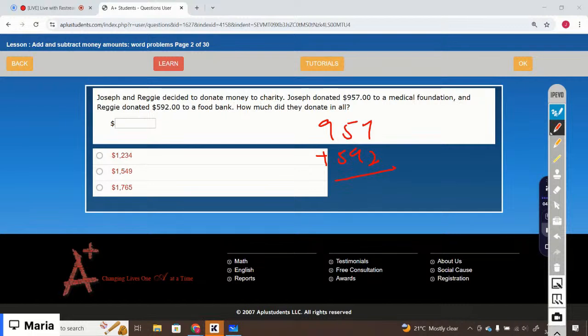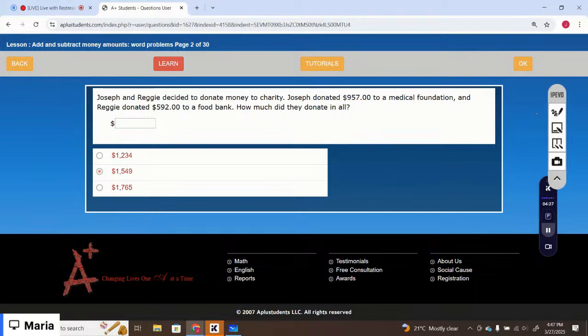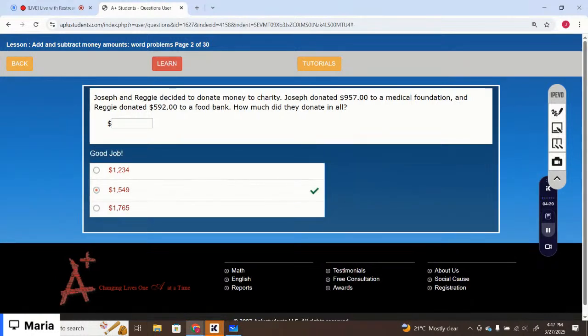So that is 7 plus 2 is 9. 9 plus 5 is 14 and 15. So that is $1,549. Option number 2 is the correct option.